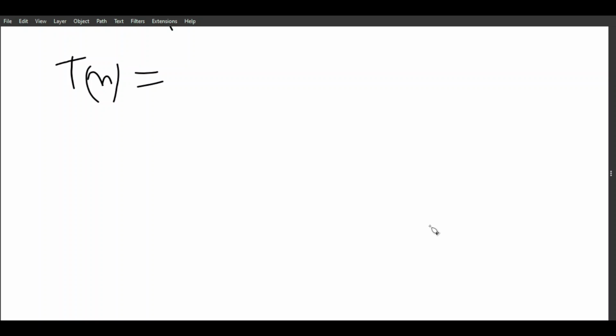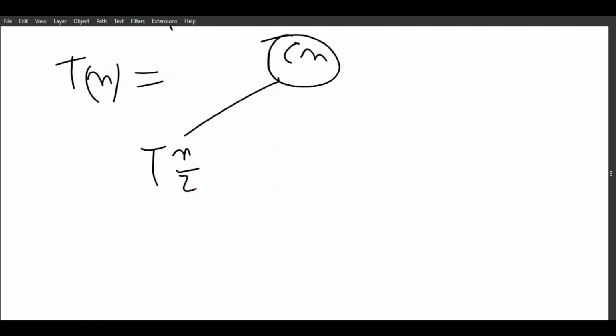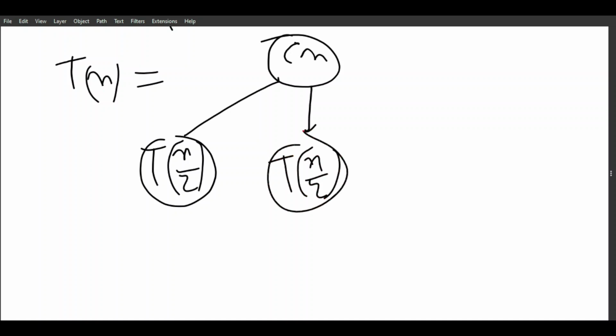So from this we get this tree Cn, then Tn by 2, 4 times.